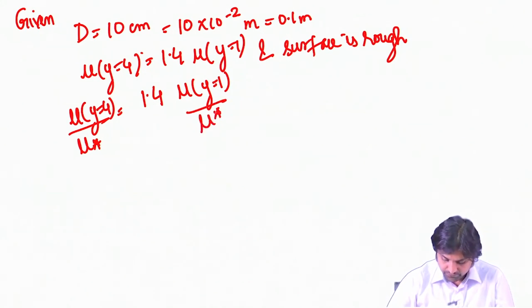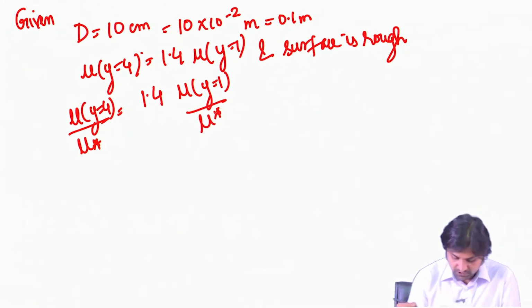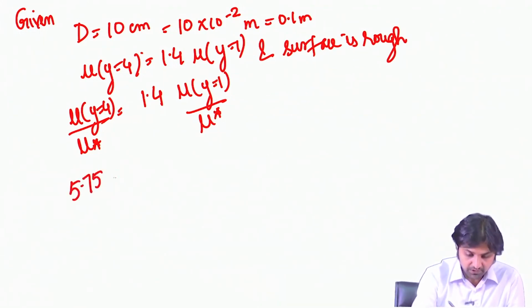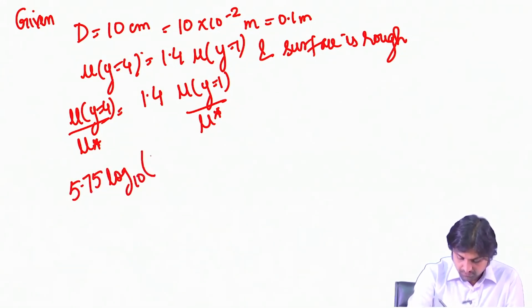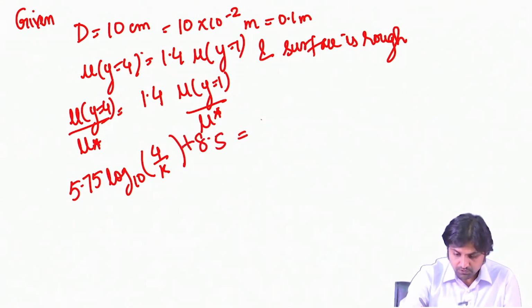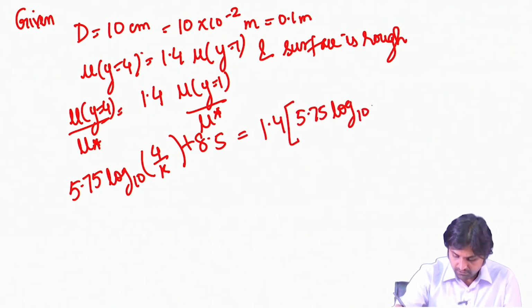So we write on the left hand side 5.75 log base 10 4 by k, because it is rough, plus 8.5, is equal to 1.4 times 5.75 log base 10 1 by k plus 8.5.